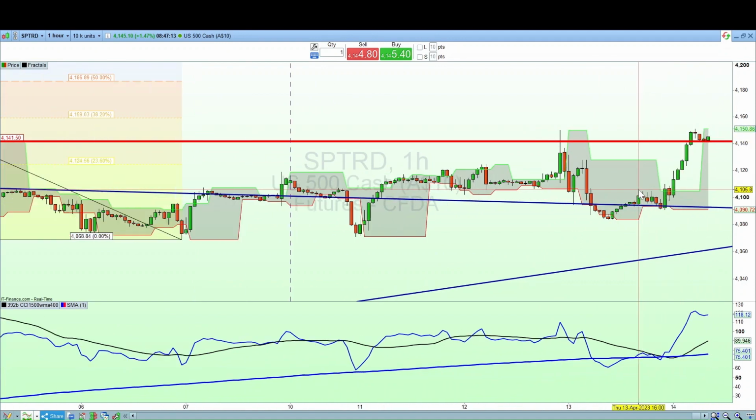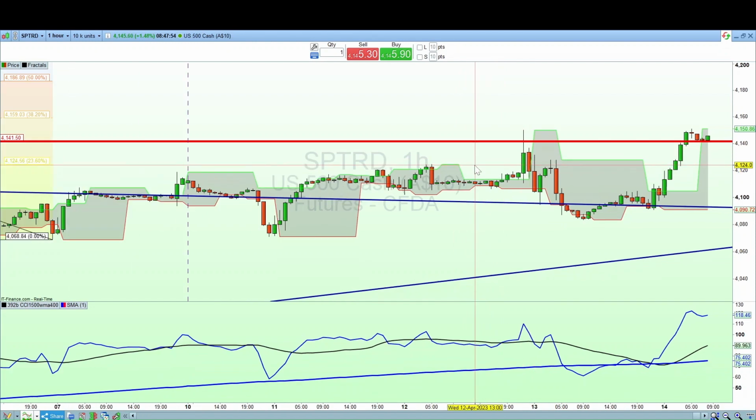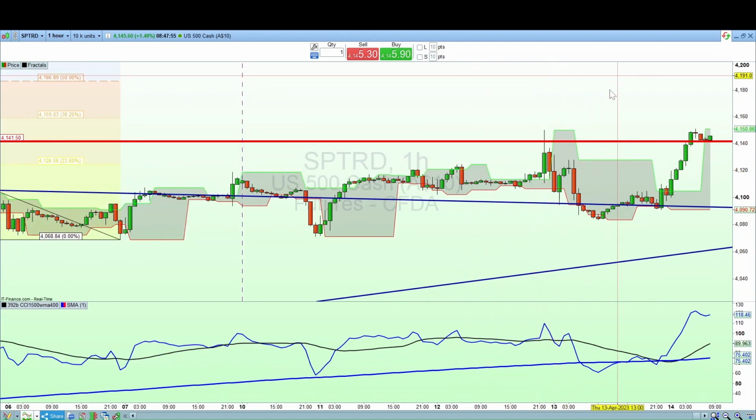Going back to a bit of this history, you could have gone long in any one of these places where it broke above the fractal, and I don't enter into the position after the first candle. In this example, I would have entered a long position at that point, but I would not have entered at any one of those because you may have missed the ride. So you would have gone long at the end of that candle, and from there I would have taken a small percentage gain. I like taking small percentage gains as opposed to holding and hoping for a very large gain.